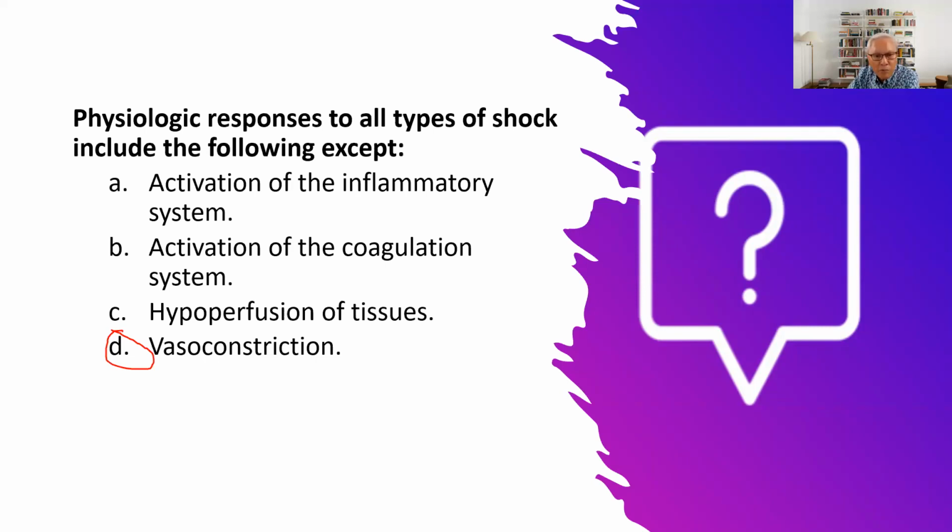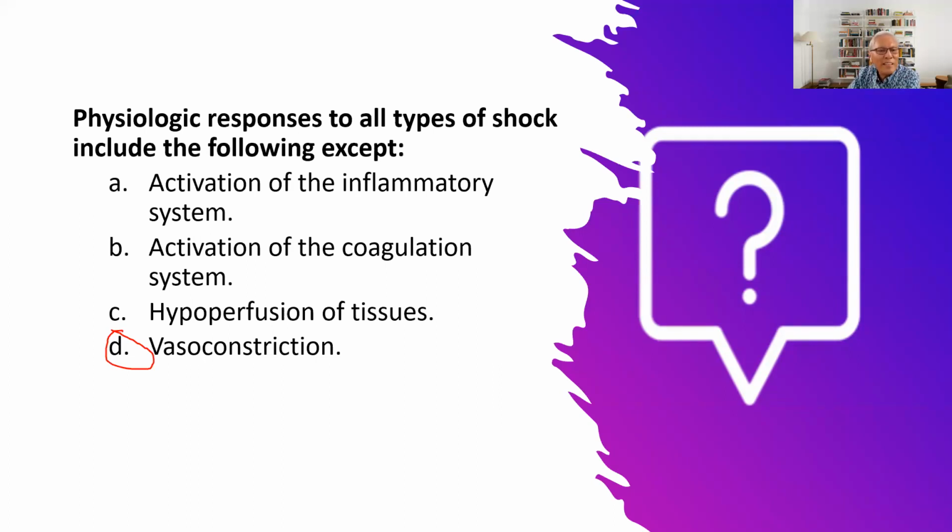And option B is also correct because there's activation of the coagulation system, because whenever there is shock, there's going to be pro-inflammatory and anti-inflammatory substances that are released. And option C also is going to occur as a result of vasodilation.